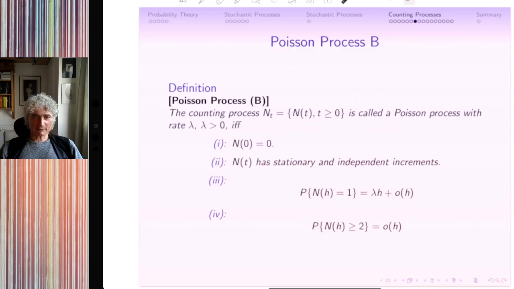And we have a last axiom 4, and this says that the probability that if we look at a very, very small time interval of length h, we observe more than 1 event, so that this is bigger or equal to 2, is also given by little o of h.